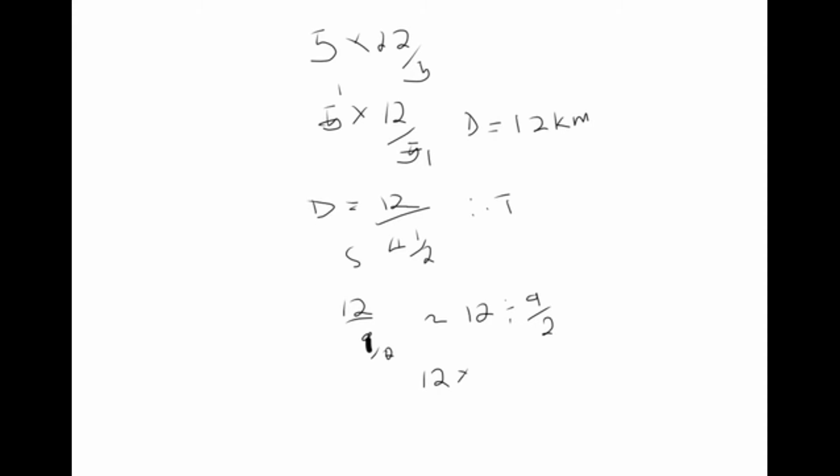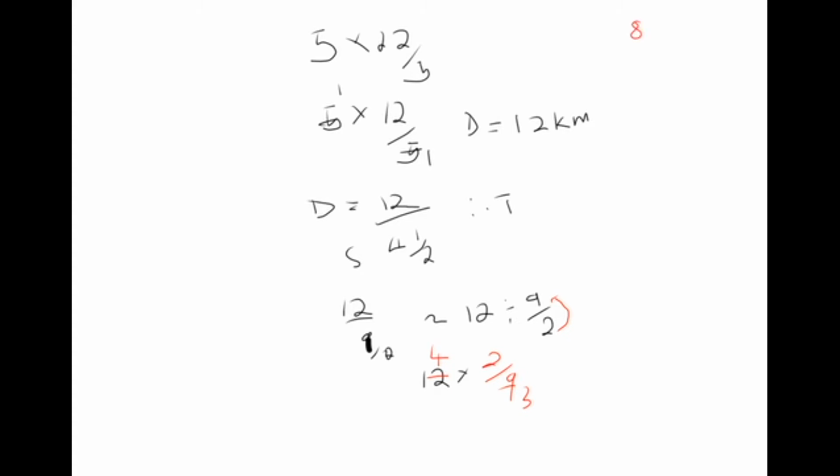The reciprocal of 9 over 2 is 2 over 9. Then we can simplify by 3: 3 by 3, 1 and 12 by 3, 4. We shall have now 8 over 3 hours.